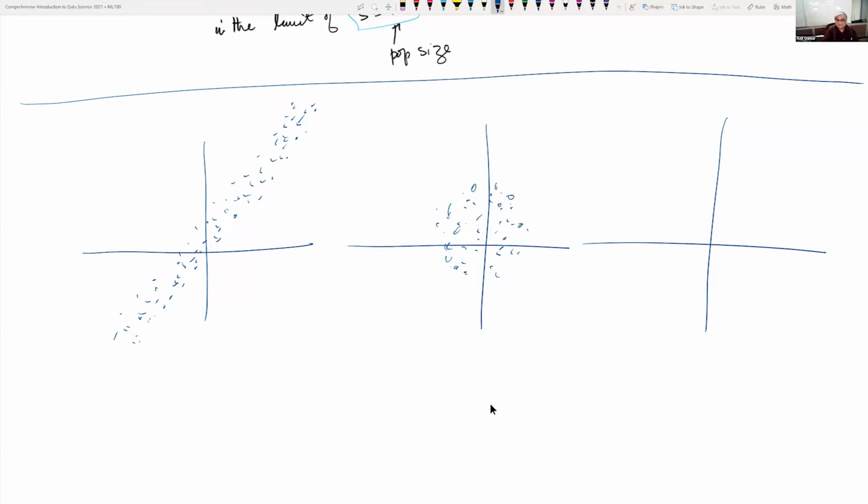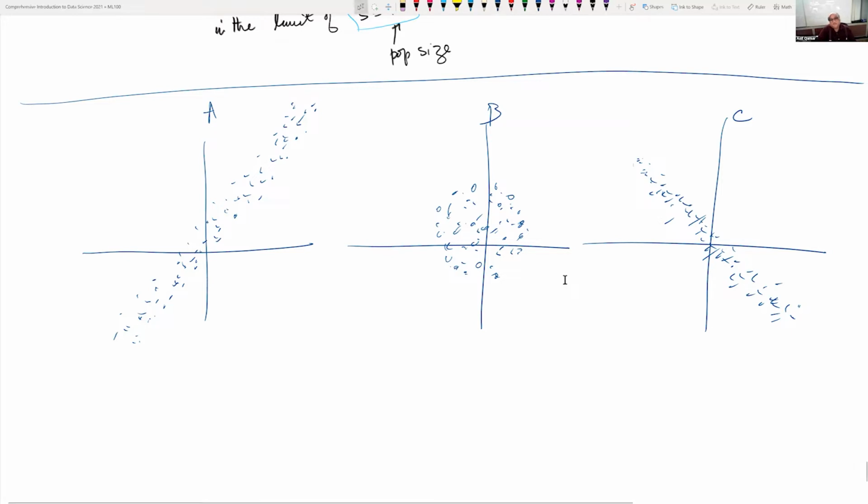So suppose data is like this. And then suppose data is like this. Let's call this A, B, C. If I were to ask you, how would you describe the difference between A, B, and C? What is different between them? What would you say? A is positively correlated, B has no correlation, C is negatively correlated.